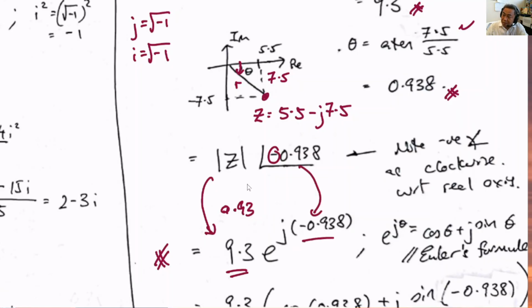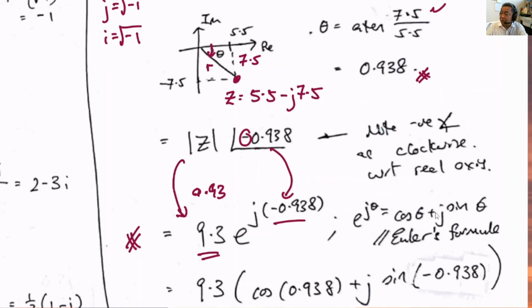So that little angle notation is just being transformed to e to the j theta. So the word theta is here. And remember that e to the j theta, the Euler formula, is cos theta plus j sine theta. And now we can just simply exchange this expression into here. Cos minus 0.938 plus j sine minus 0.938.